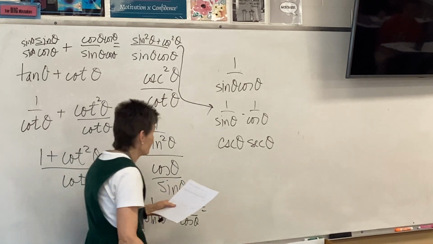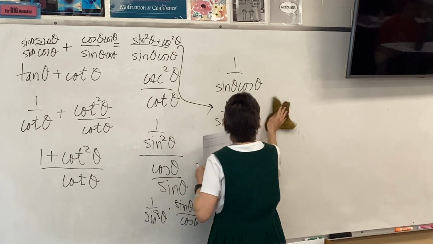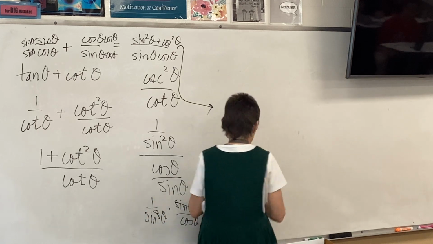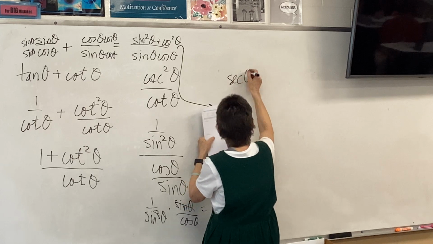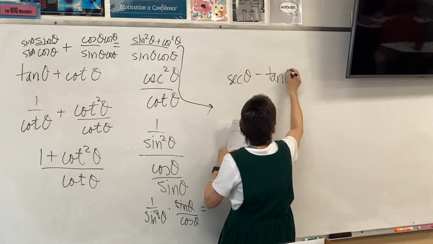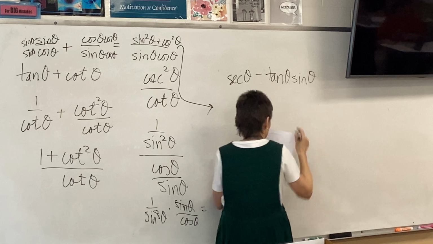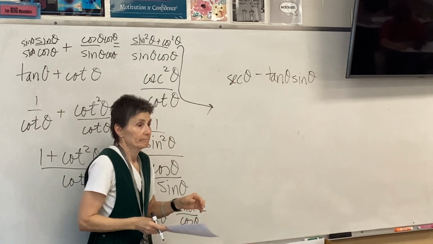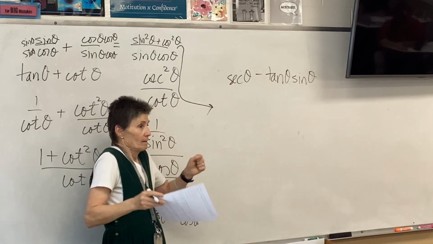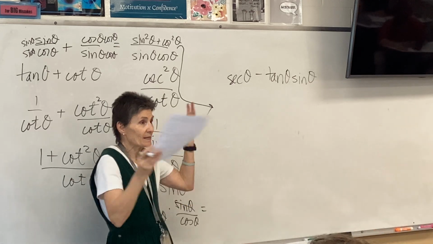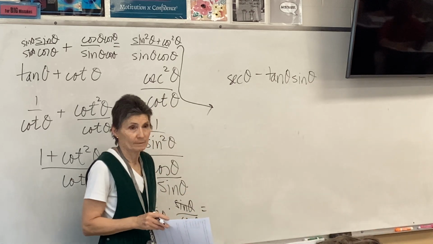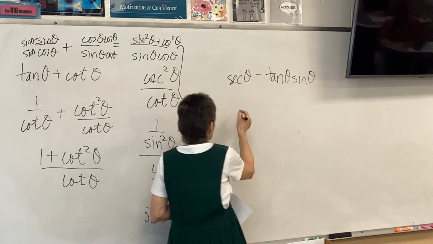All right, what about number 5? People, help me out. What can you think of? Anything you can think of at all. 1 over cosine. Change them into sines and cosines.